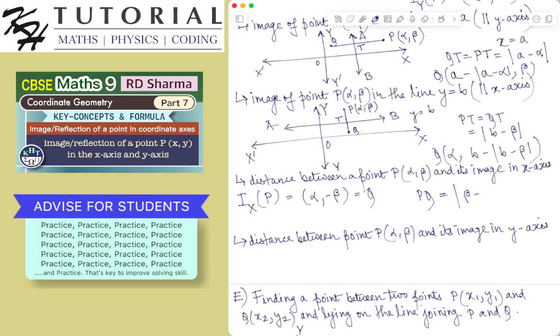Difference of ordinate of P and Q is beta minus of beta. So this is absolute value of twice beta, which is equal to 2 into absolute value of beta. So the distance between the point P, whose coordinates are alpha comma beta, and its image in the x-axis is 2 into modulus of beta.